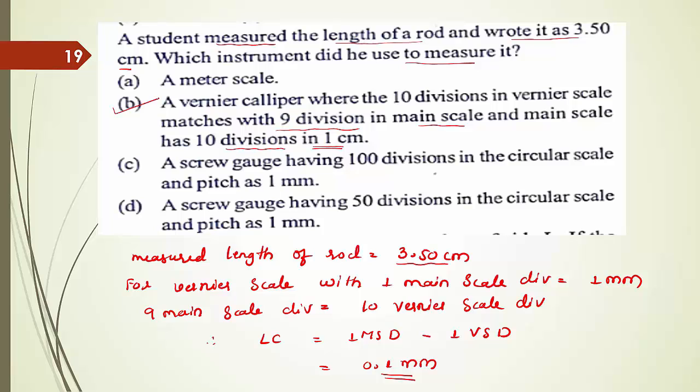So this is the right option. Then option C, a screw gauge having 100 divisions in the circular scale and pitch 1 millimeter. Then the fourth option, a screw gauge having 50 divisions in circular scale and pitch 1 millimeter. So the right option is B because we are using vernier calipers to measure the length of the rod.